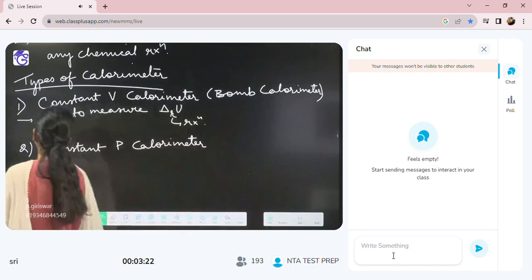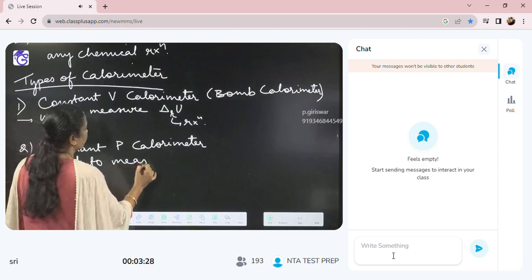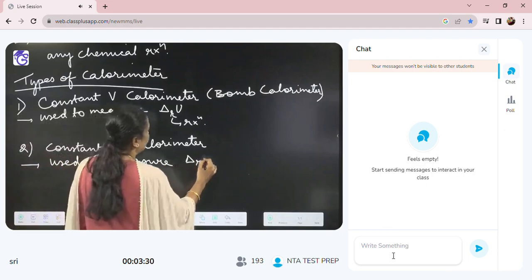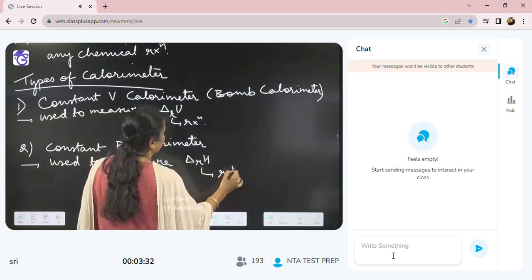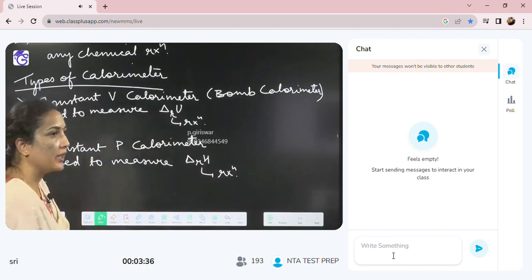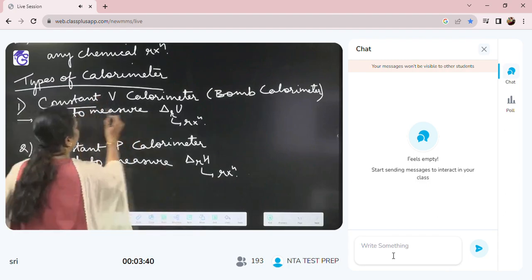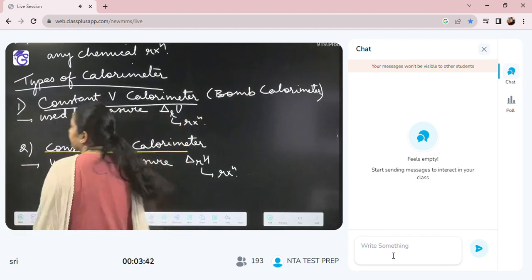Now, similarly, I can write down here, this is used to measure delta H for the reaction. Again, R stands for that. So, enthalpy change in any reaction and internal energy change in any reaction, we'll be able to calculate from these two. Okay. First, finish writing this quickly, then we'll proceed further.